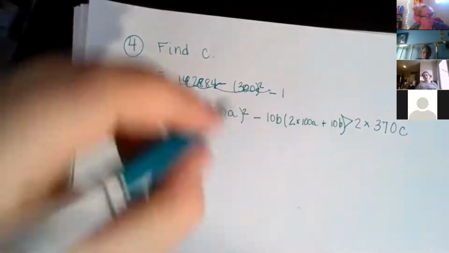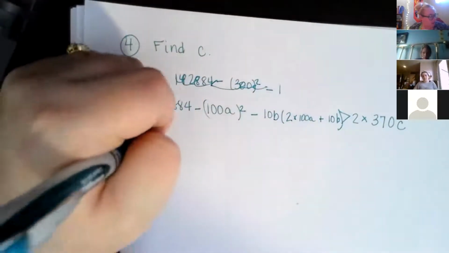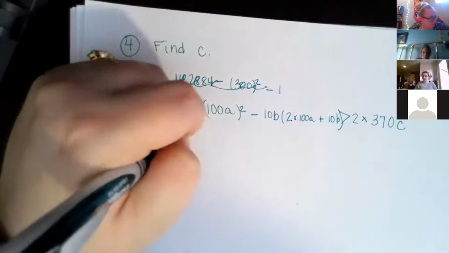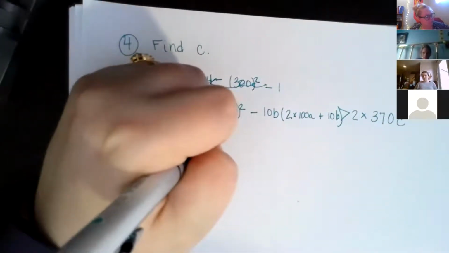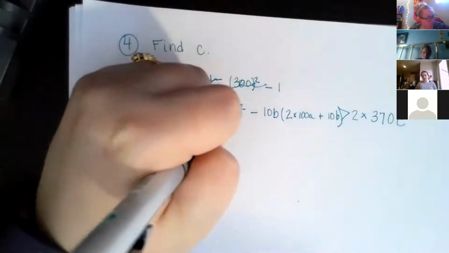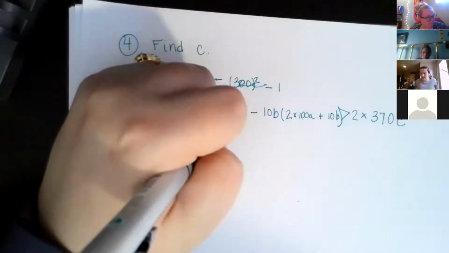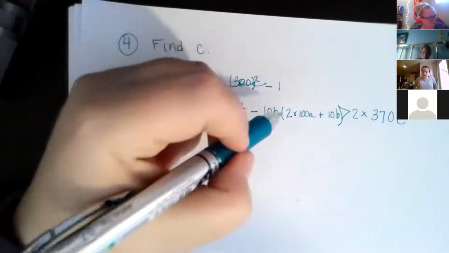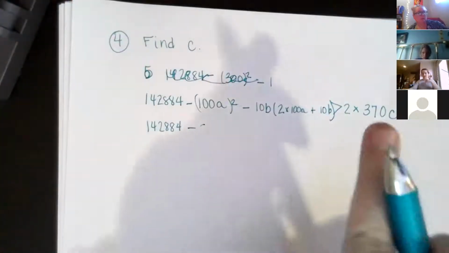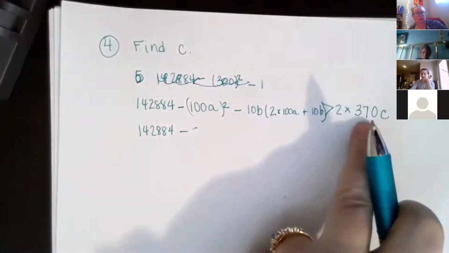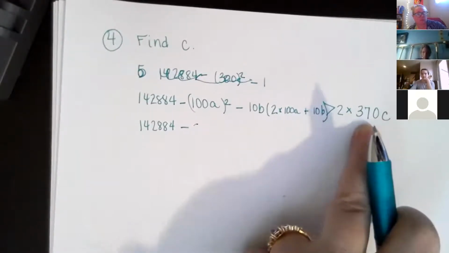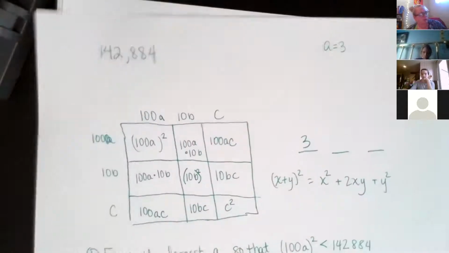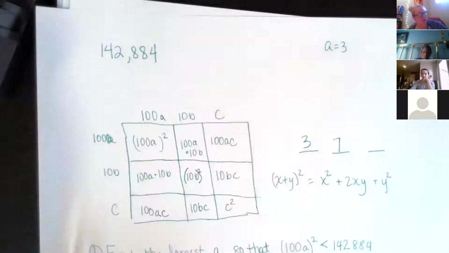Mm-hmm. Yep. So the 370C is coming from the fact that we know A is 3. Uh-huh. That gives us 300. B is now 7, right? Yeah. Because if we update our number, it should be a 7.